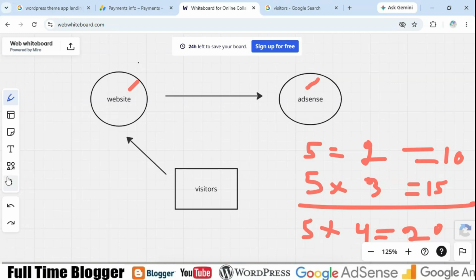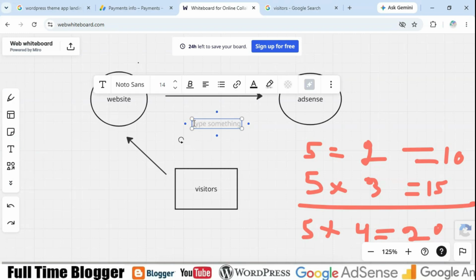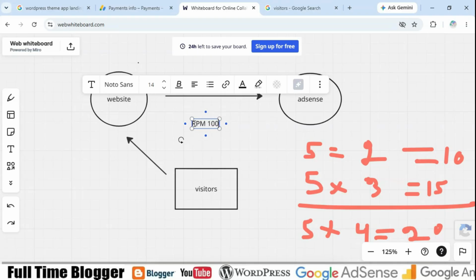And the second way of earning is RPM. Let's say your RPM is $100. Okay, and when 1,000 people visit your site, you will get $100.